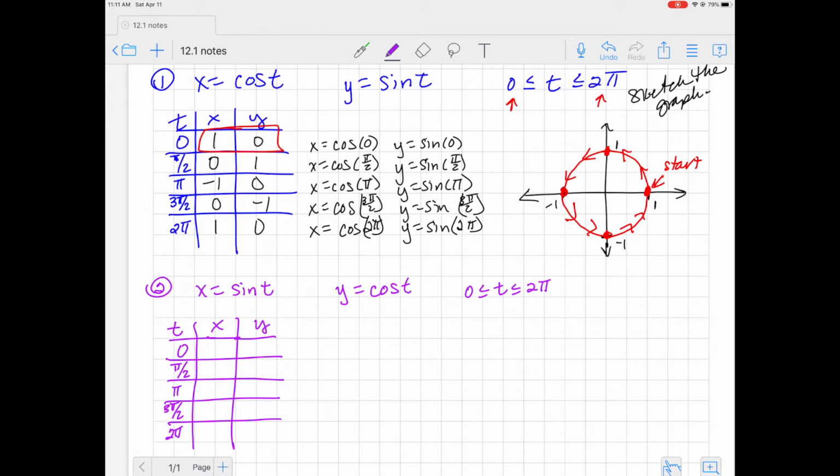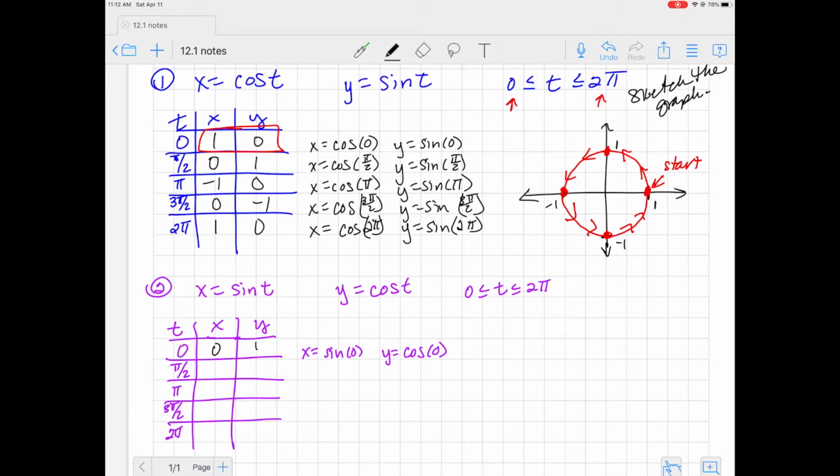So if I plug in a 0, x is equal to sine of 0, and y is equal to cosine of 0. So x is now 0, and y is 1. You see that? Okay, do the rest of them.